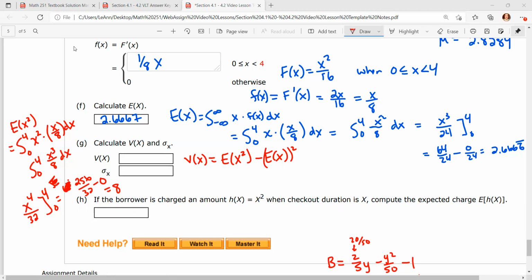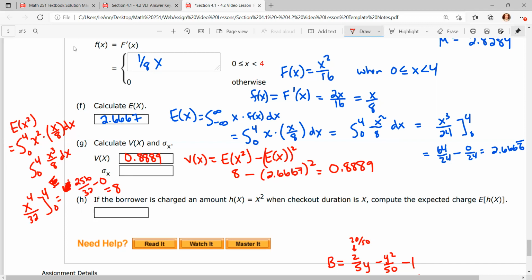So our formula says, if we take the expected value of x squared minus the expected value of x, squared, that's going to give us our variance, 0.8889. Now I will say if you use this version, you probably want to take it out a few more decimal places.